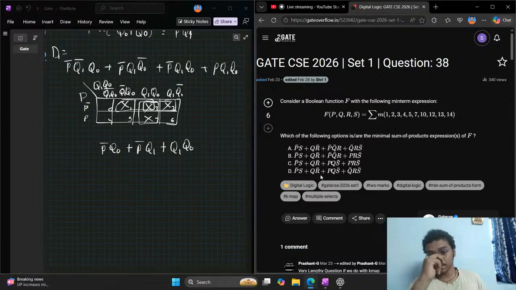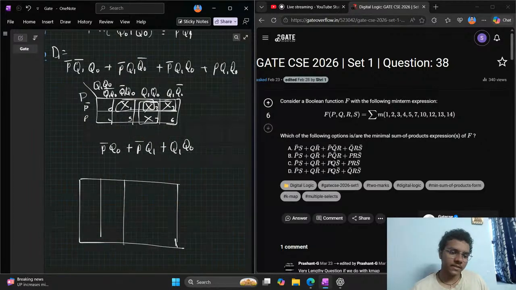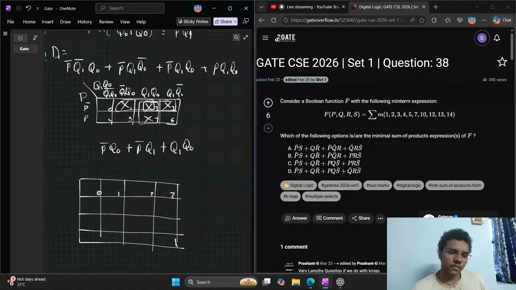That we got, right. That is basically SOP. Just draw a four variable K map, and we are supposed to finish this thing off easily. 0, 1, 2, 3, 4, 5, 6, 7, 8, 9, 10, 11, 12, 13, 14, 15.